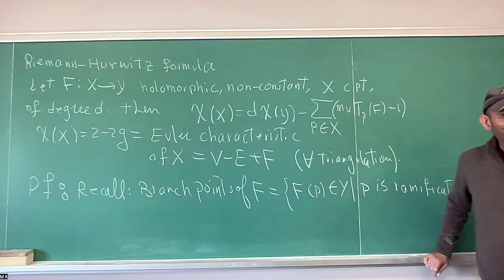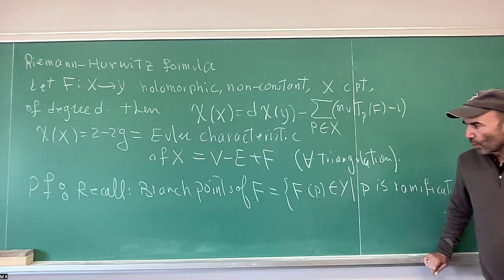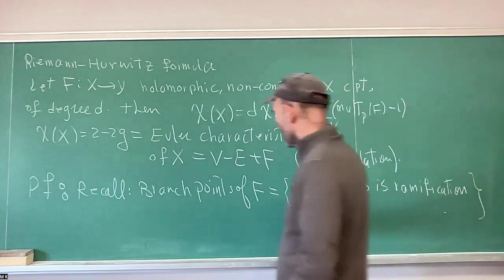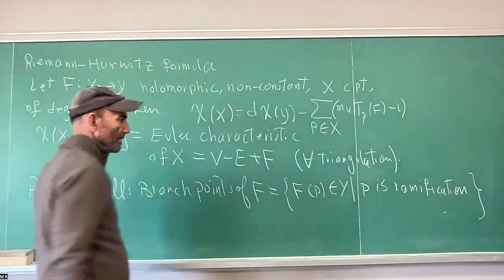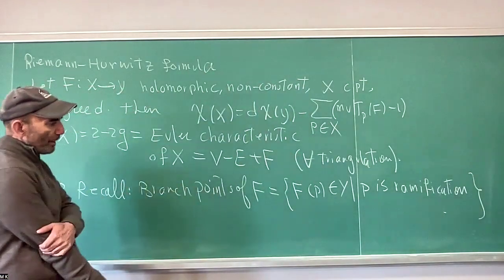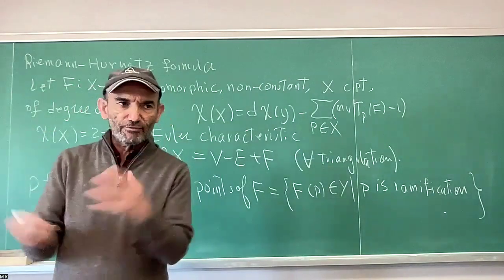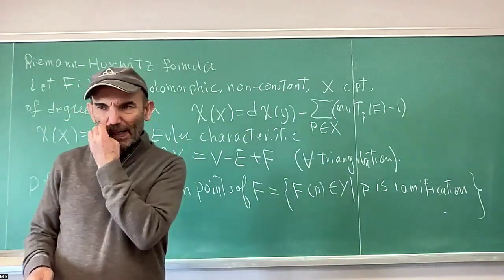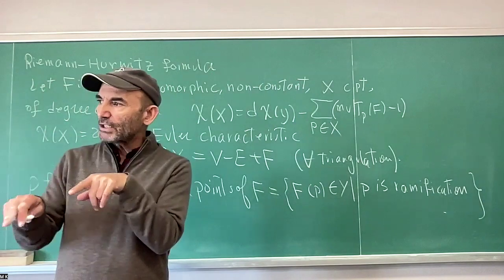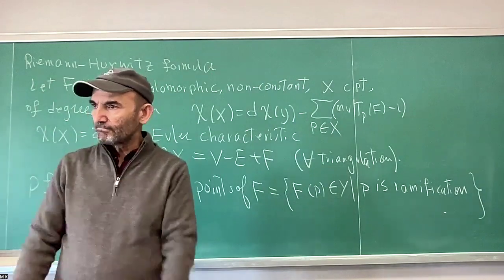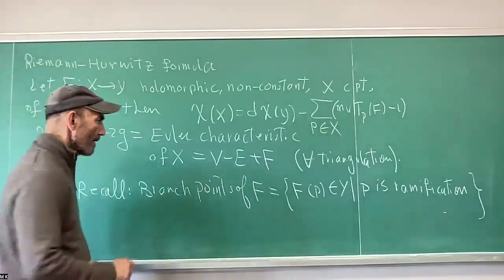So these are called branch points, and upstairs we have ramification points. And now the trick is the following. We have to choose a triangulation for the base Y that contains branch points as vertices. But there could be more.